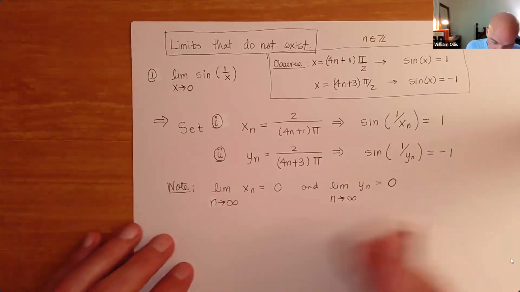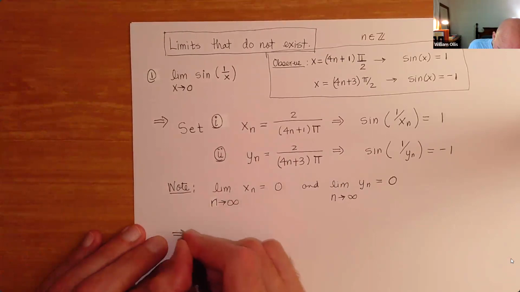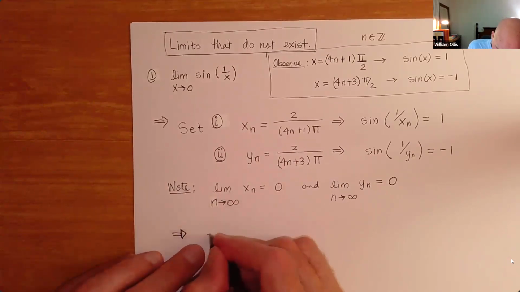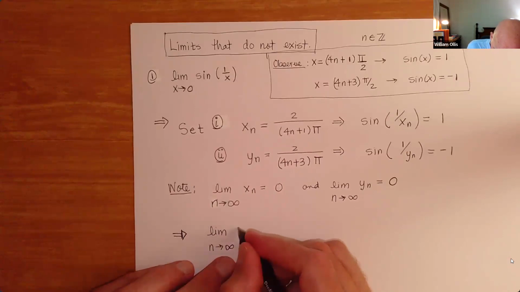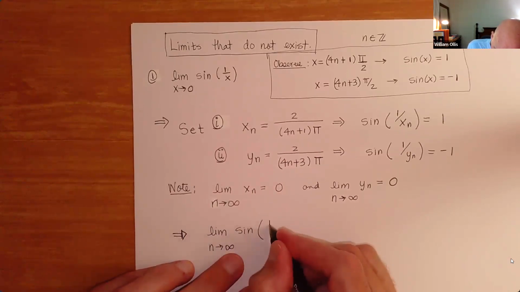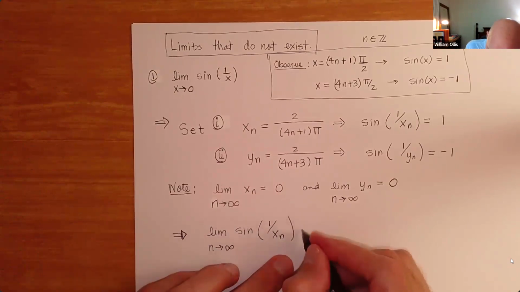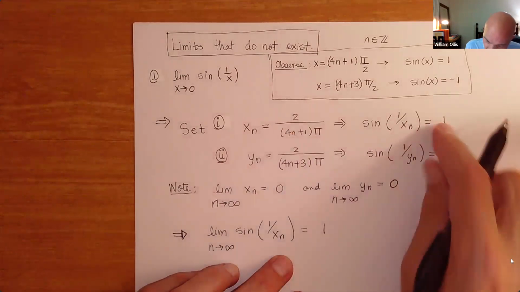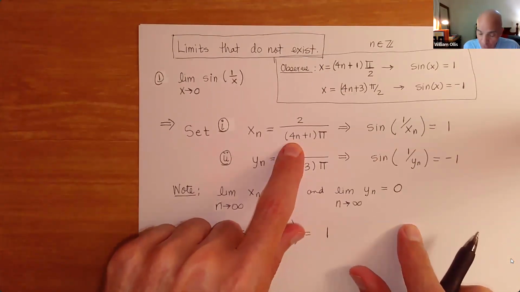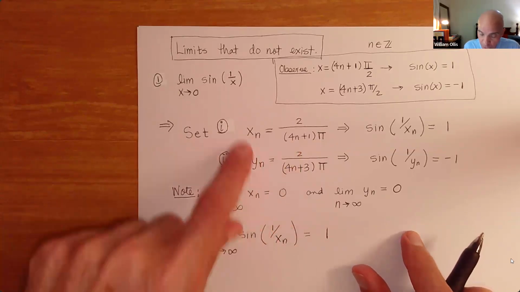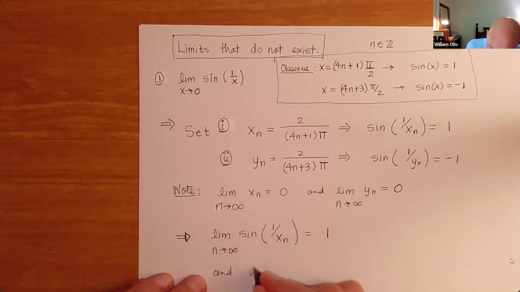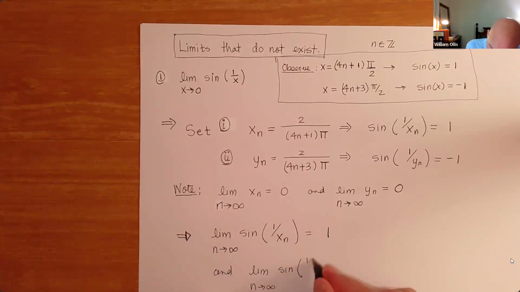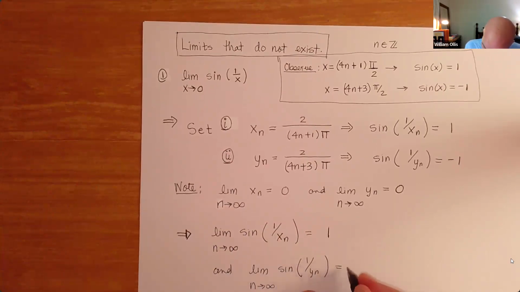So in this case, we can now say, this implies the limit as n approaches infinity of sine of 1 over x sub n equals 1, just using this, because all these values are 1, even though the particular sequence is approaching 0, all the values give 1, and the limit as n approaches infinity of sine of 1 over y sub n is -1.